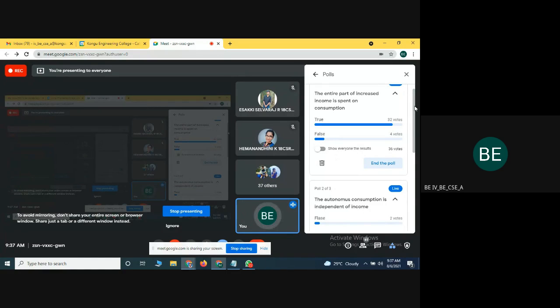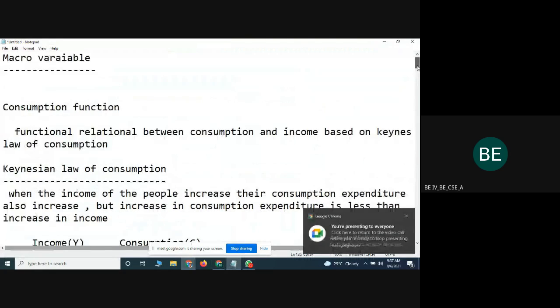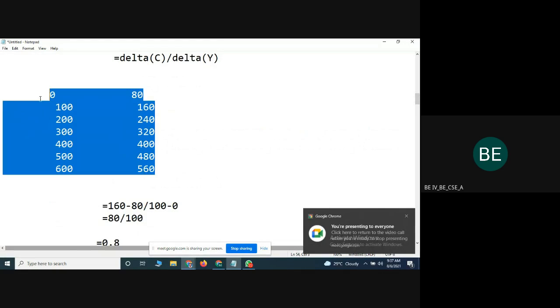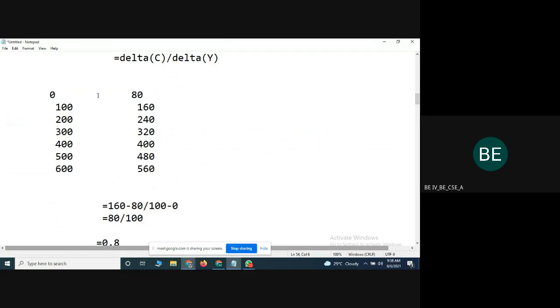We have seen it in the table. When the person's income is zero, he is spending 80 rupees, and then the income keeps on increasing up to 400 rupees. Look at the table. The person's income is zero, but he is spending 80 rupees on expenditure.